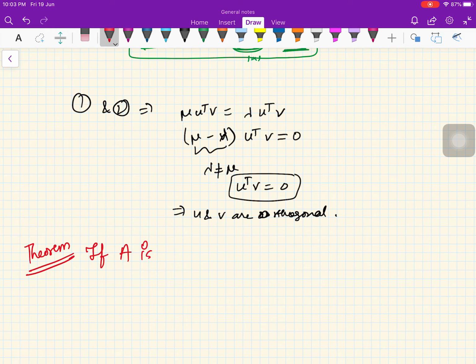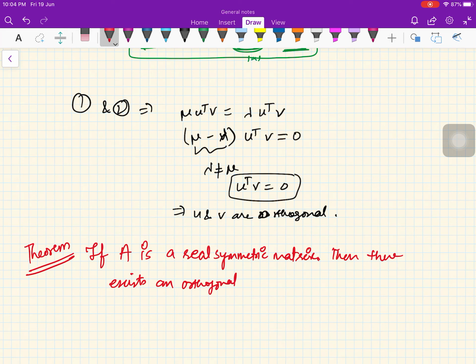If A is a real symmetric matrix, an important result, then there exists an orthogonal matrix P such that P transpose AP, P inverse AP is diagonal.